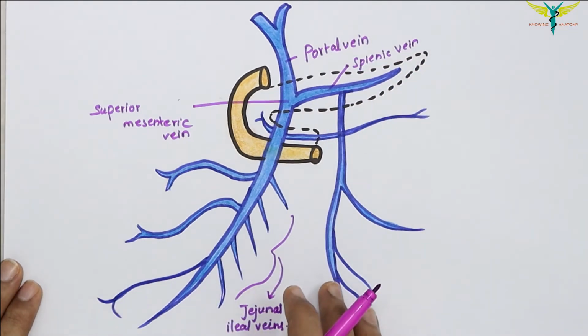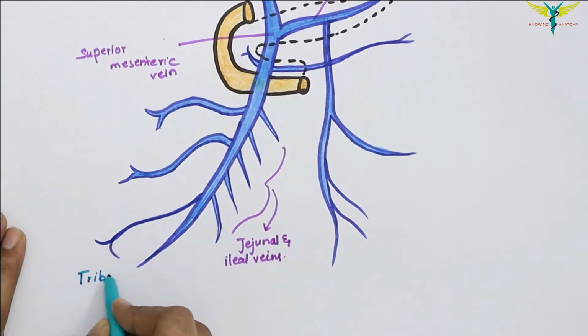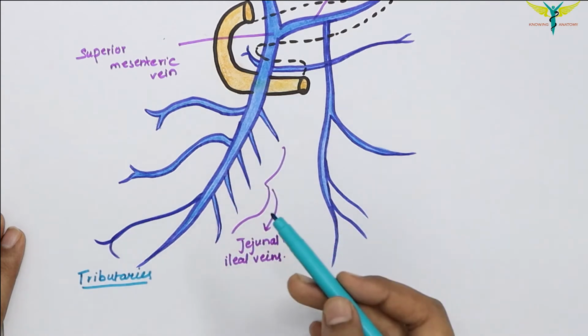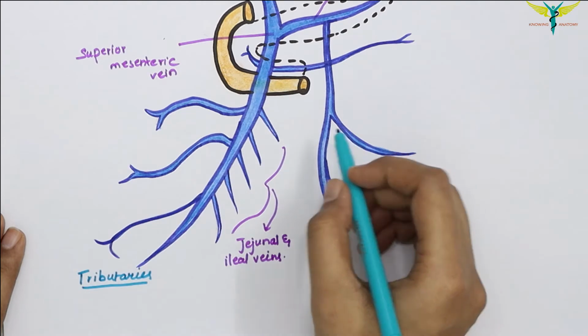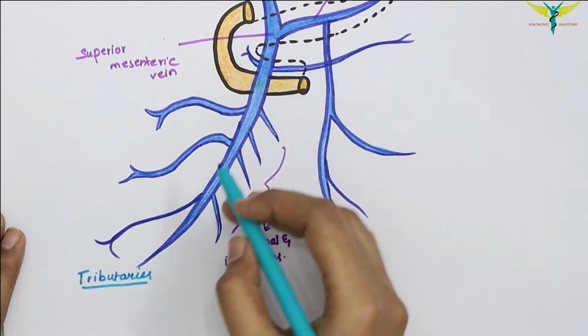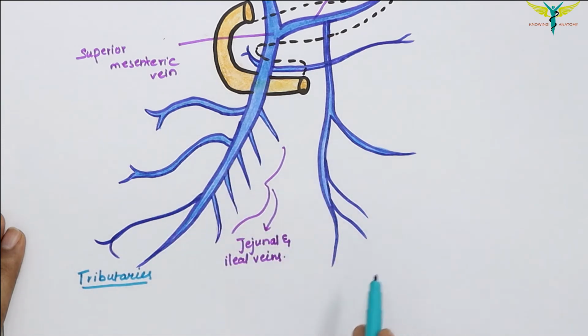Now let's talk about the tributaries of the superior mesenteric vein. The main tributaries are the veins that correspond to the branches of the superior mesenteric artery. So these all are the branches of the veins that accompany or correspond to the superior mesenteric artery.